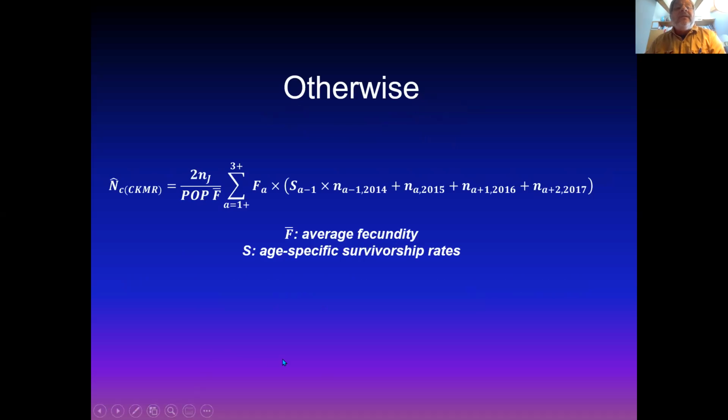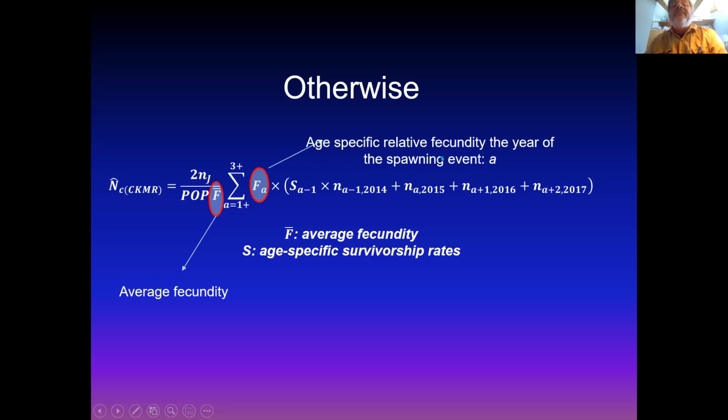So that formula that I showed before now becomes this more complicated formula, but it's not really that complicated. It's the average fecundity in the population. This is fecundity at age, and it's a relative fecundity, and I'll show you in a minute how you estimate it.